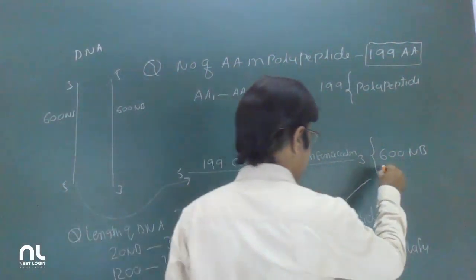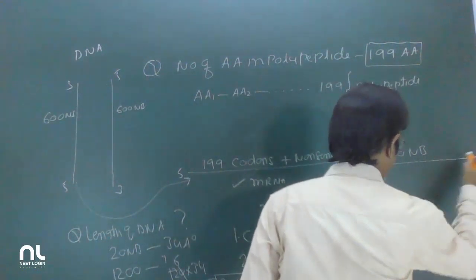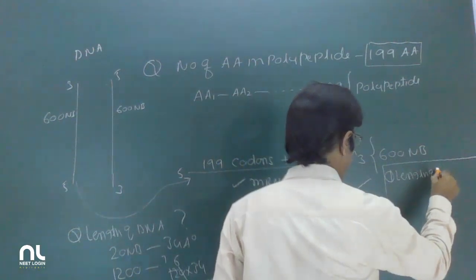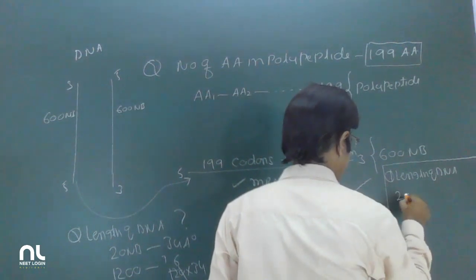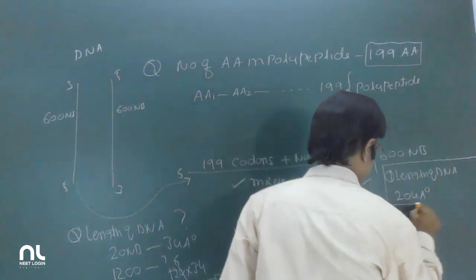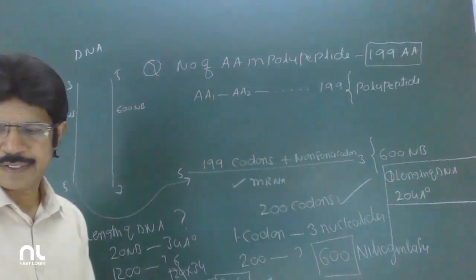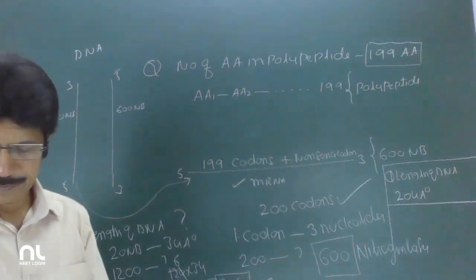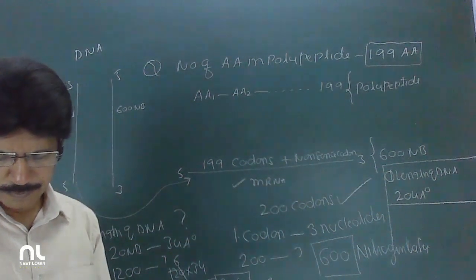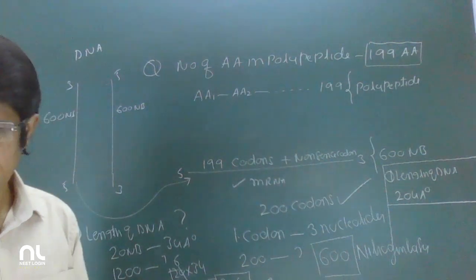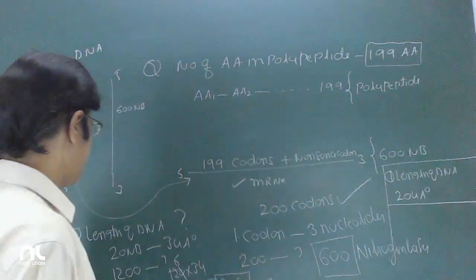So here the length of DNA is 2040 angstroms. Okay. And the length of mRNA.